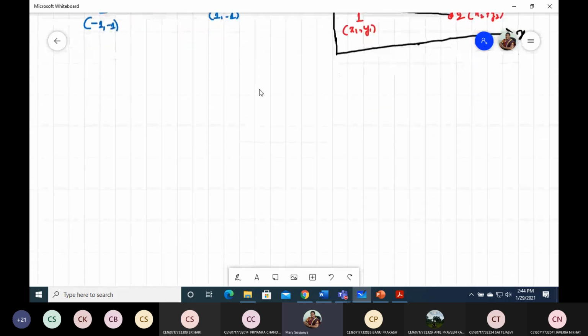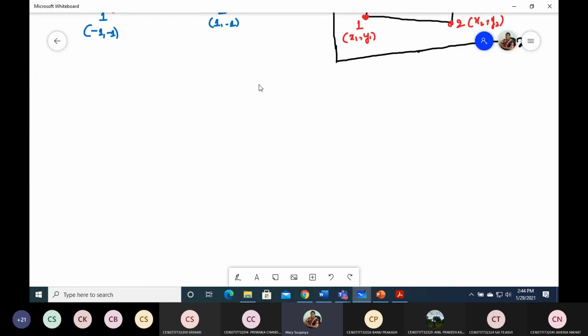Right. Now I need to express P, point P, x comma y. So how will I take that?